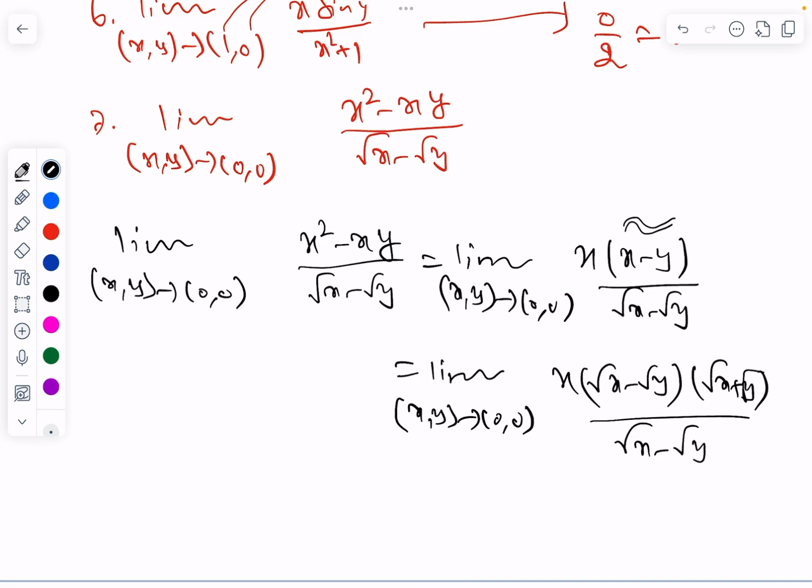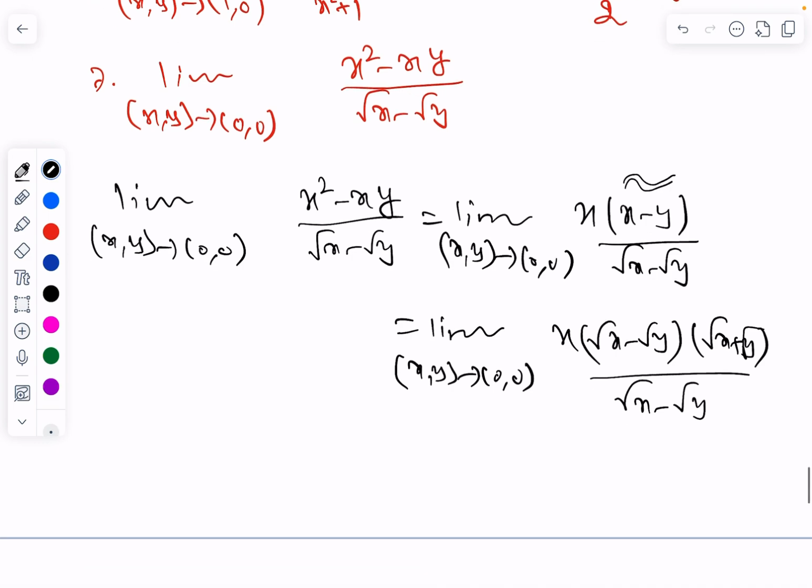If you take x and y both 0, the denominator becomes 0. If you can resolve the denominator by factoring and cancelling out, then we can find the limit. So x and y both tend to 0, so this is 0, but the denominator is 1. So the answer is 0.